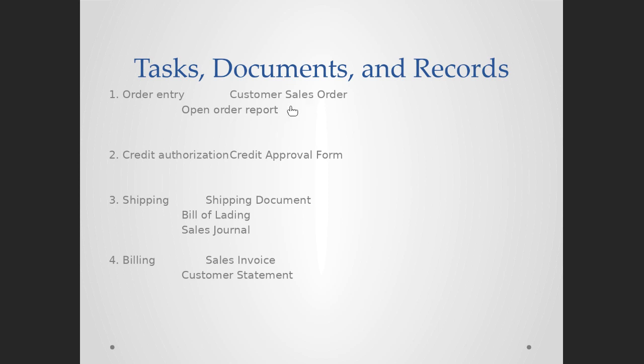Along with that comes something called an open order report. An open order report has all those orders that your client has received at a particular point in time, and they have not completed delivering the items in that order.